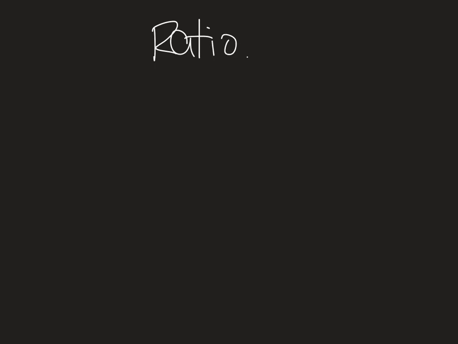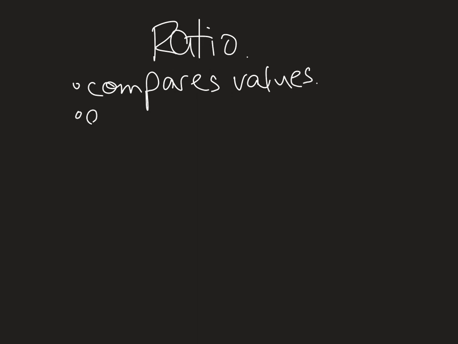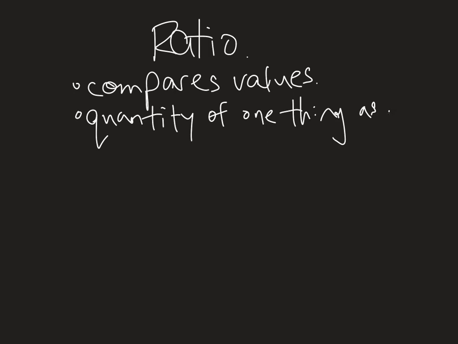So ratio, as you know, is a general comparison of values. Okay, so it compares values. And it's the quantity or how much of one thing as it relates or is compared to another.